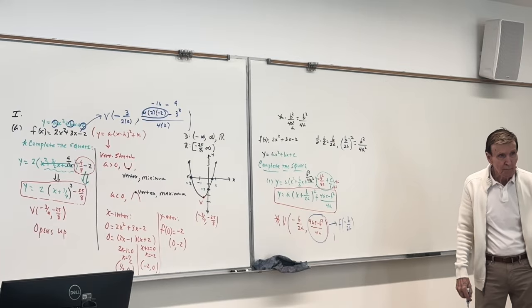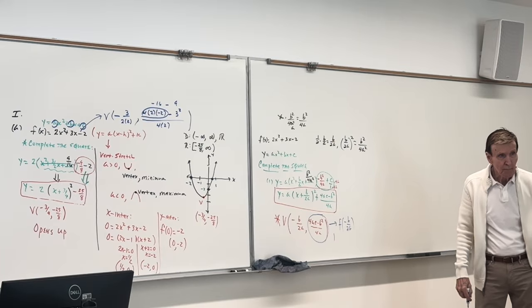Just take my negative 3/4 back here, go back to my original function he gave me, replace, and find what the y is. I could go back to the original function he gave me right here. I will do it right here.